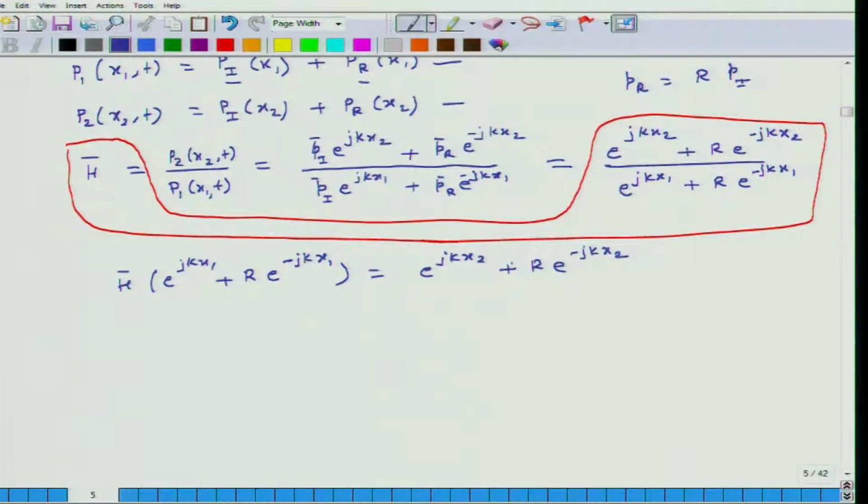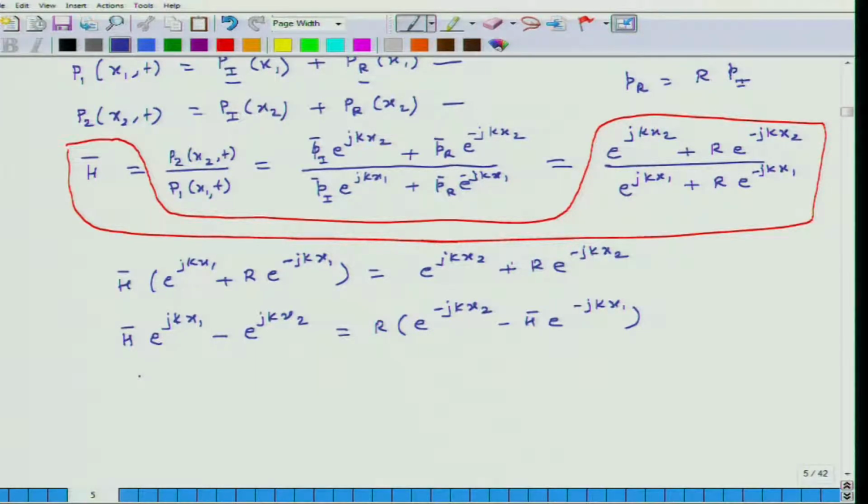Okay. So I am going to collect things related to R on one side. So what I get is H bar e^(jkx1) minus e^(jkx2) is equal to R e^(-jkx2) minus H bar e^(-jkx1), right?